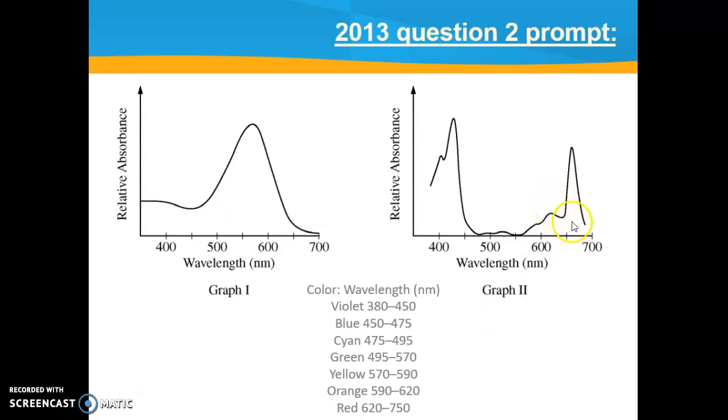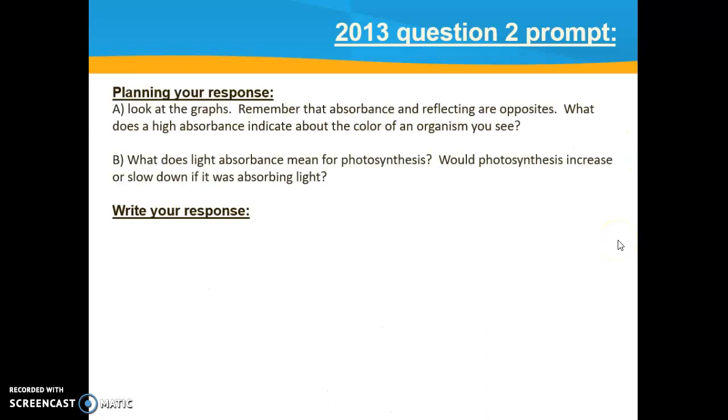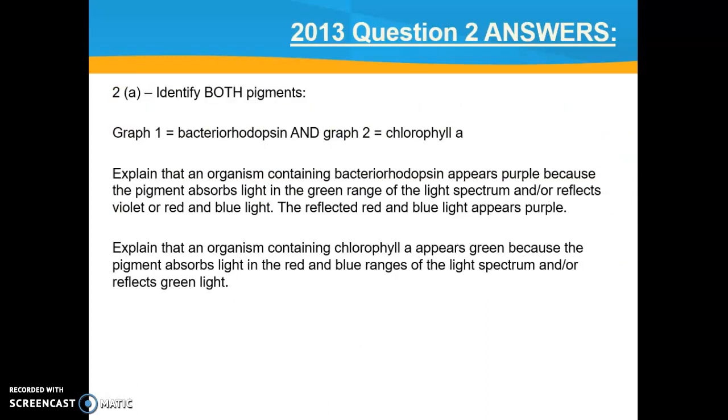And then going on to saying that between 650 and 700 are the red and orange ranges, and you could say that that's what's being absorbed as well. Okay, so make sure when you're writing your response that you are justifying and explaining thoroughly.